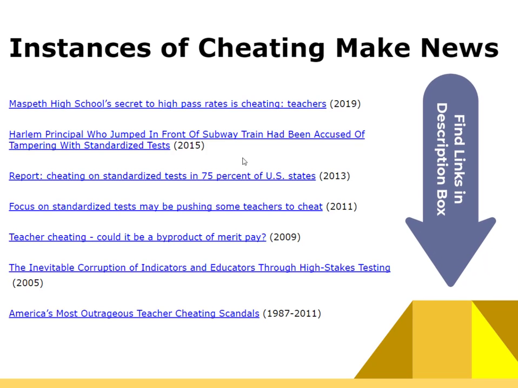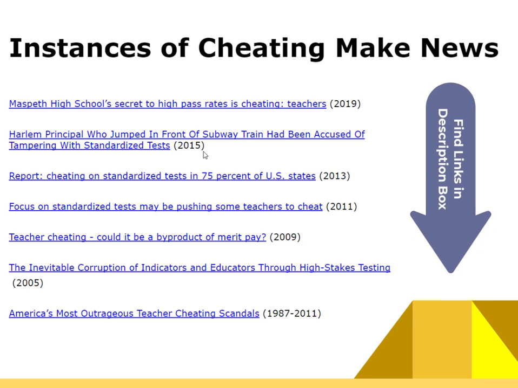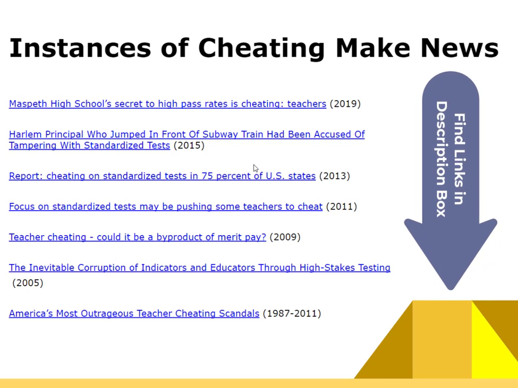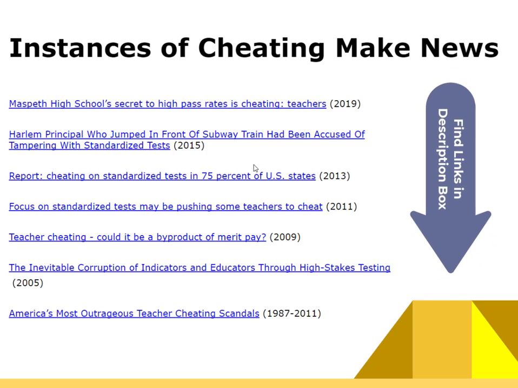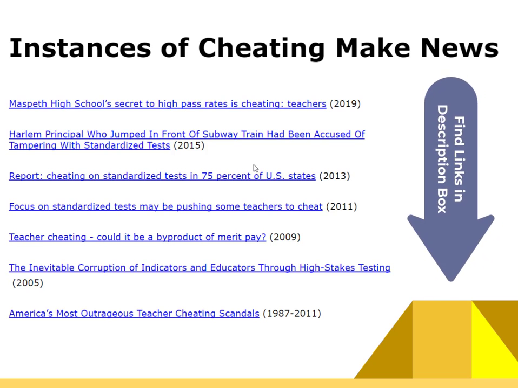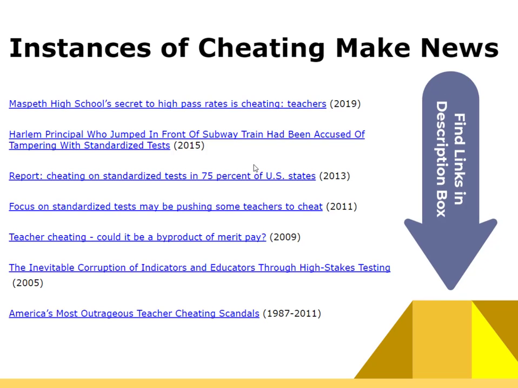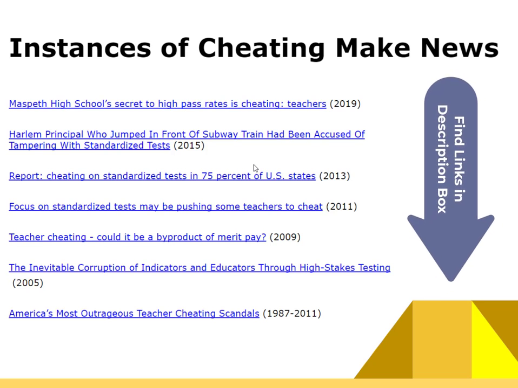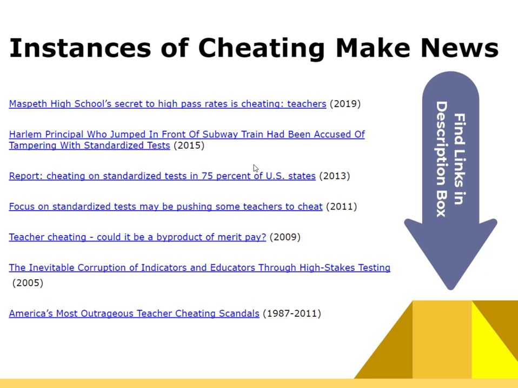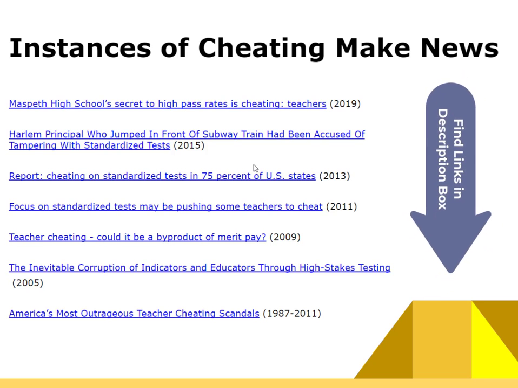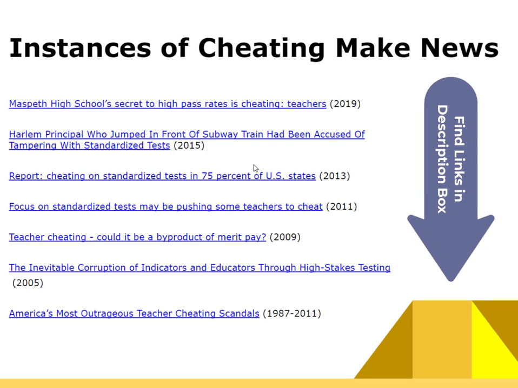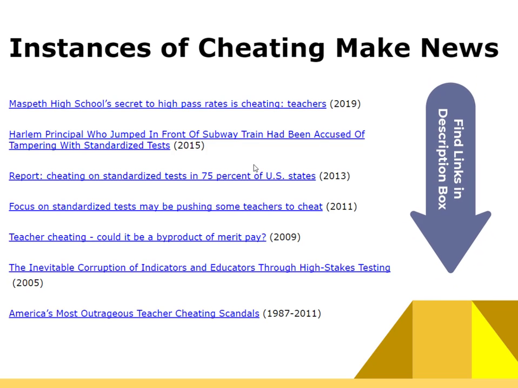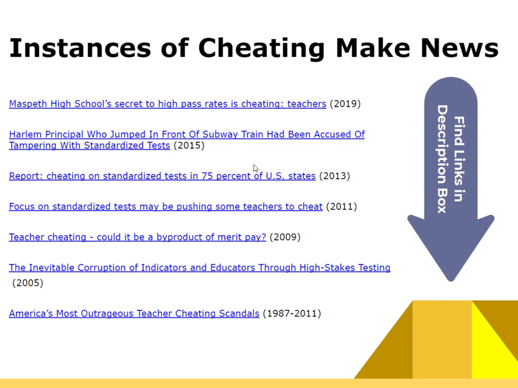If you look back, and like I said, all these are live links, just as recently as 2015, a principal of a school at Teachers College in Morningside had jumped inside of a subway because they had been accused of tampering with standardized tests and they couldn't deal with the ramifications. Anybody that would compromise the validity and reliability of those tests and make it appear as though the students did better or worse than they actually fared on their own is problematic. And we're going to talk about what to do in these situations.